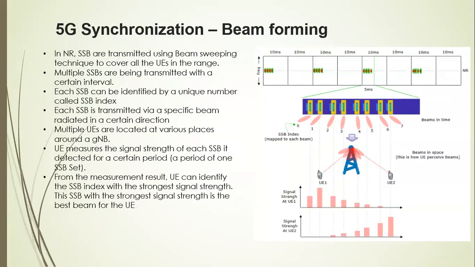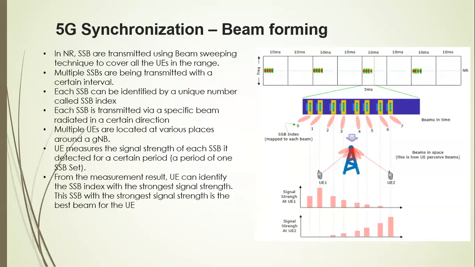There, the beams will be mostly one-on-one. That means the eNB will specifically form the beams for the UE depending on its location and distance from the eNB. If the UE moves from one place to another while in connected mode, the eNB will put the UE in a different beam.